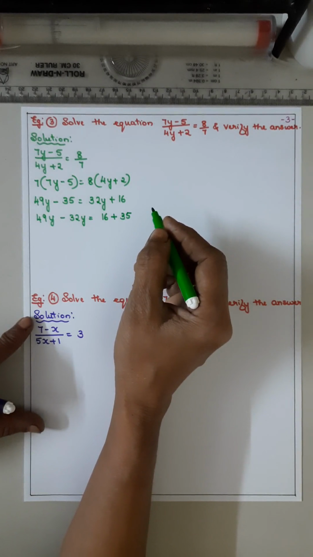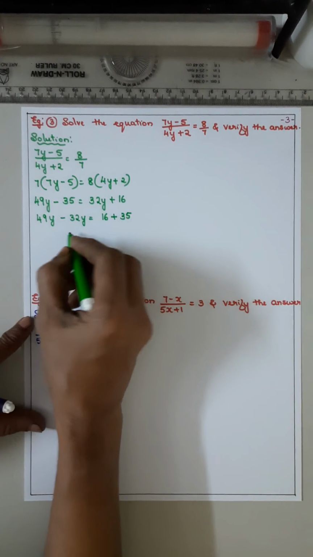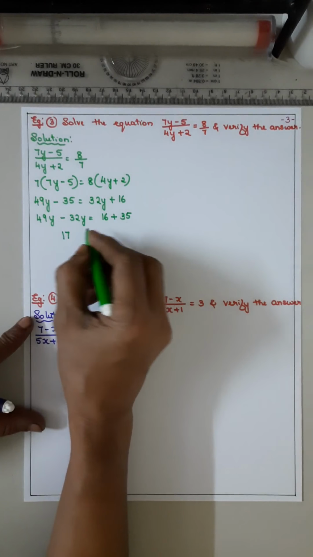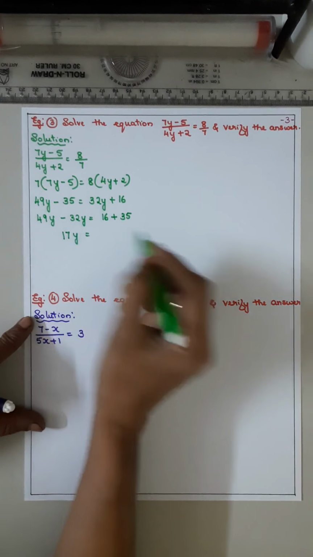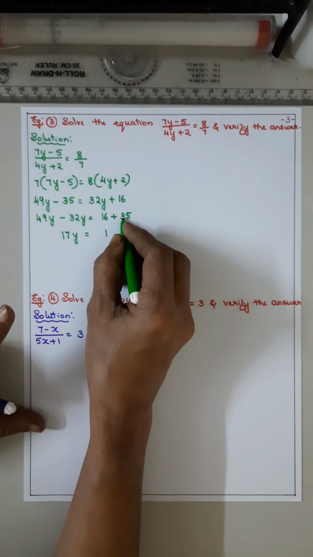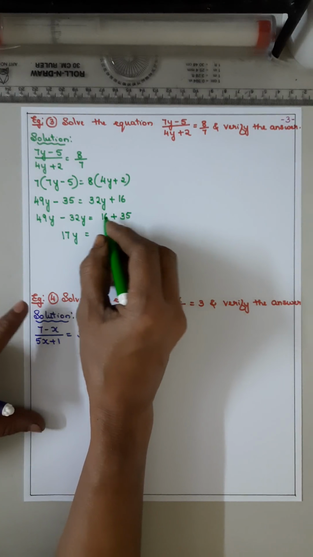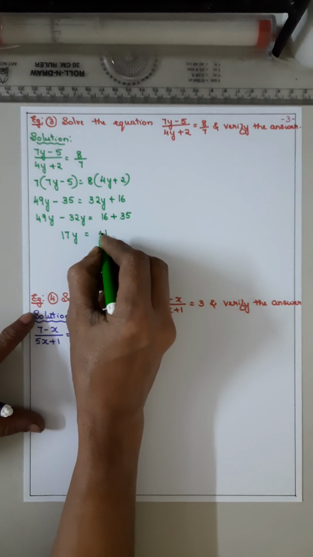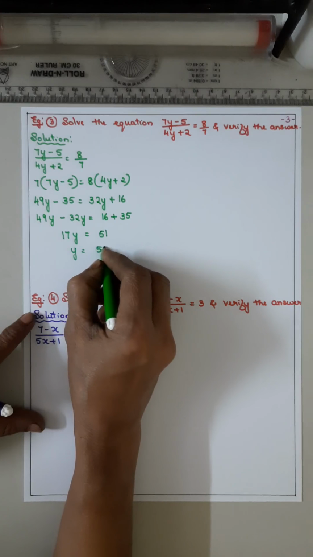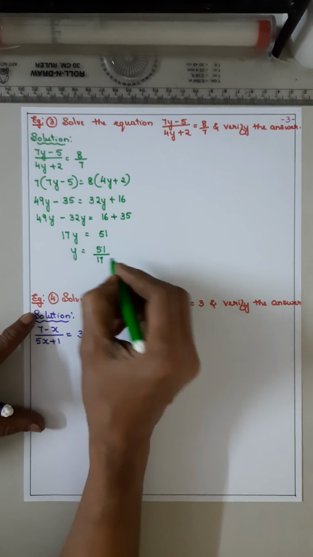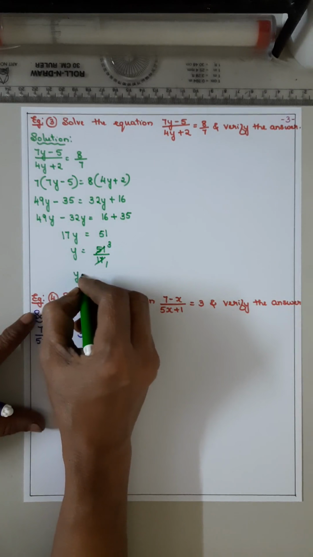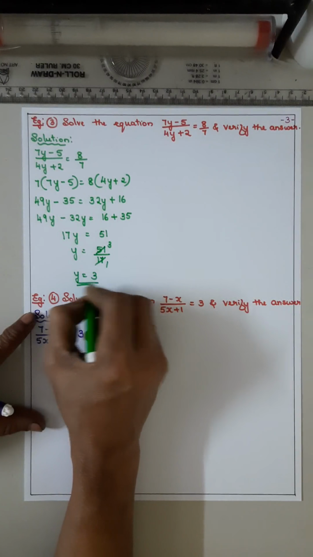Now when you subtract, 49 minus 32 is 17y, equal to 16 plus 35, which is 51. So y is equal to 51 upon 17. 17 ones are 17, 17 threes are 51. Therefore y is equal to 3.